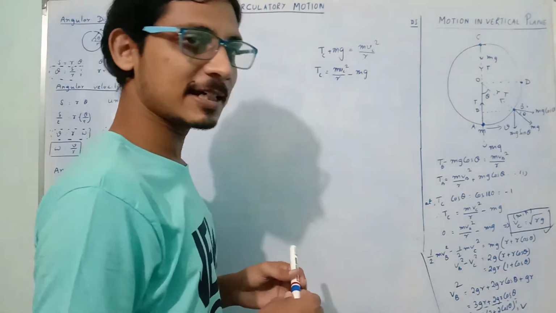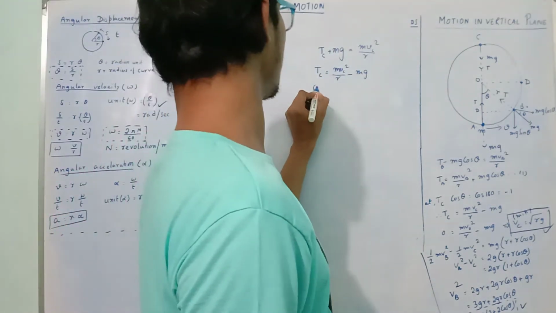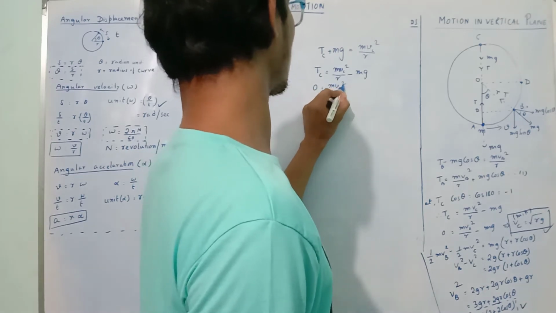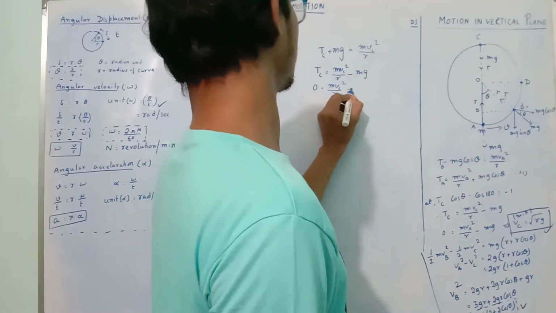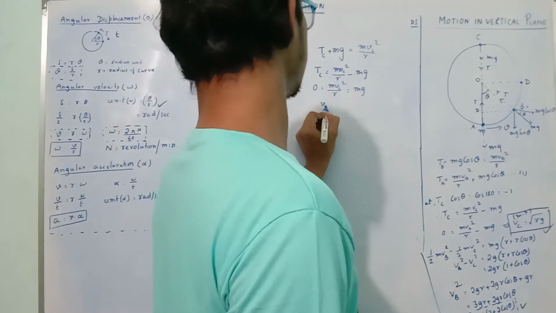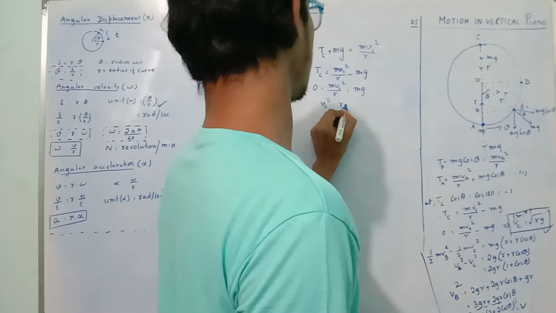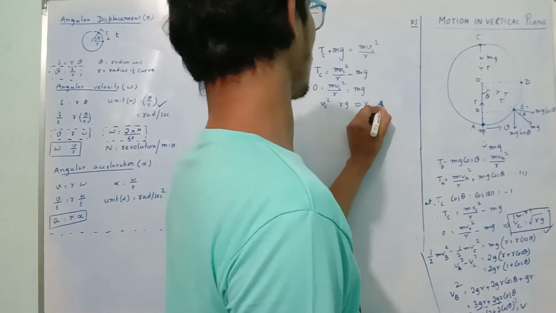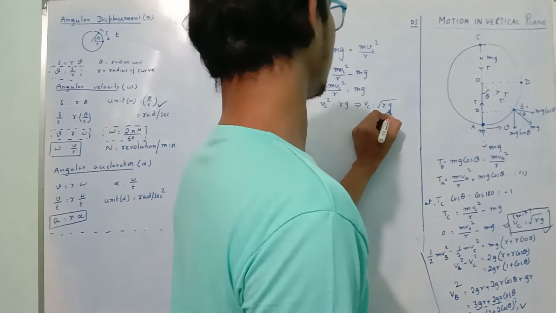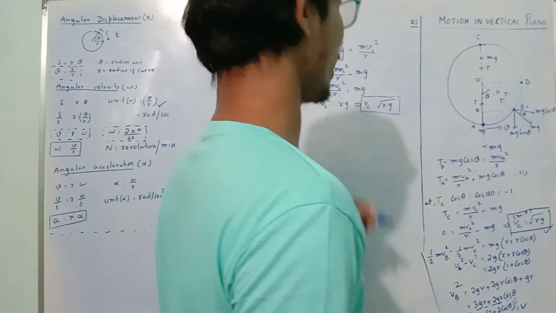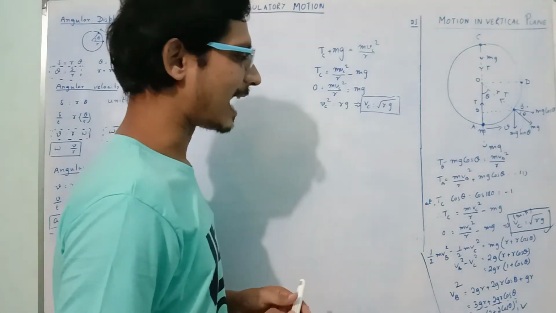Now at point C, that TC will become 0. That means mvc square by r will be equal to mg, or vc square equals rg, or vc is equal to root over rg. So the velocity at the highest point will be root over rg.